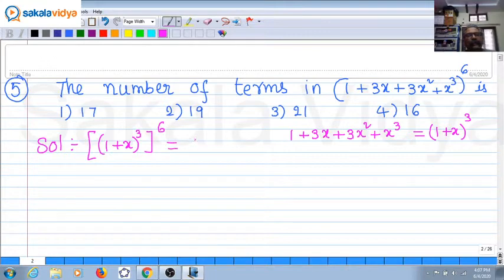This becomes (1 plus x) whole to the power of 18.